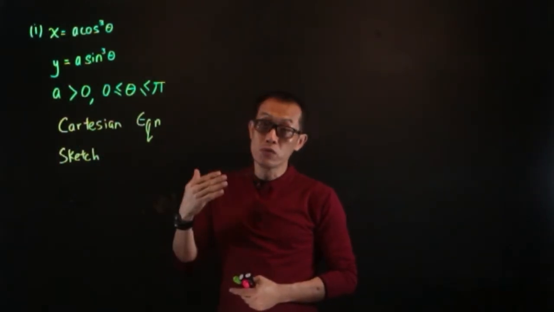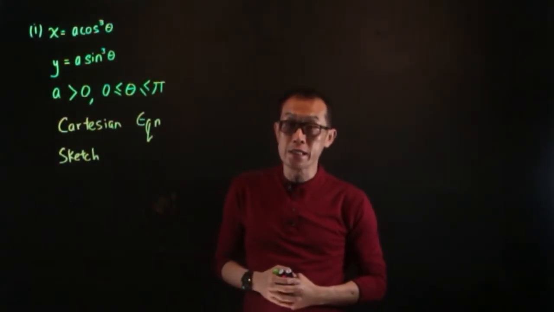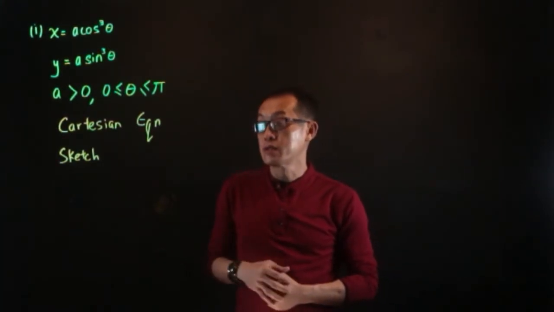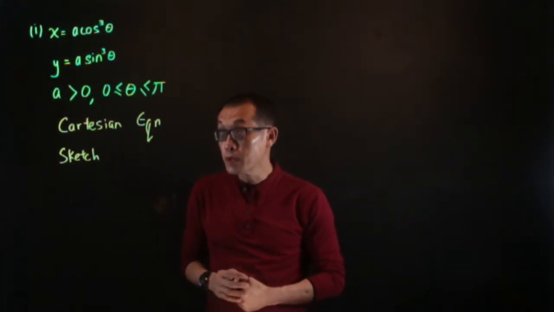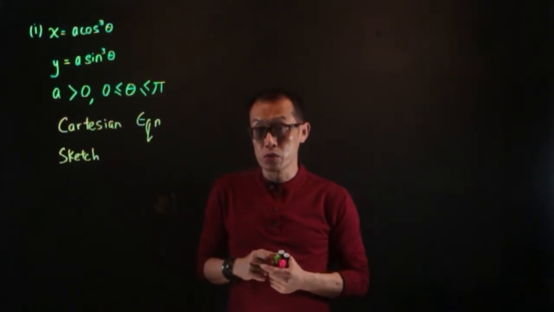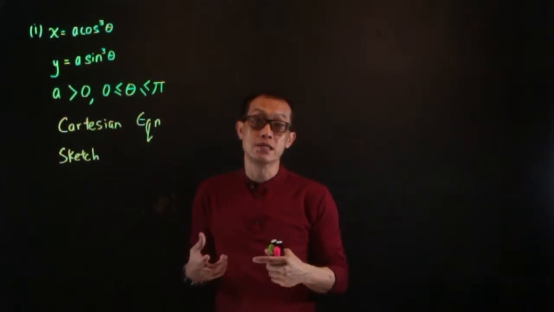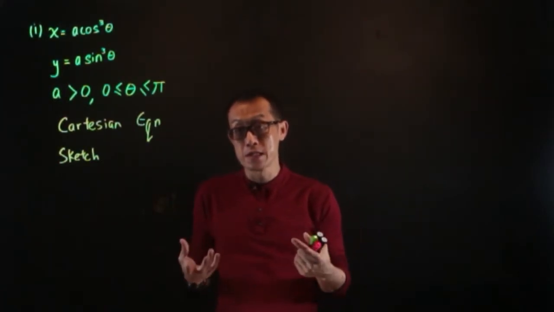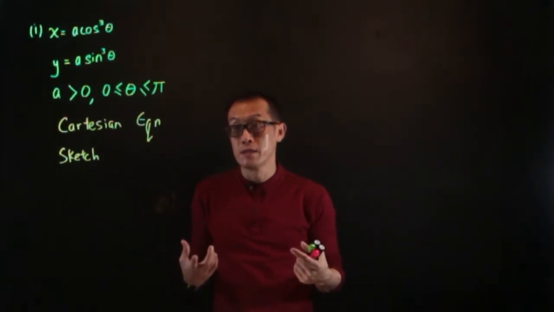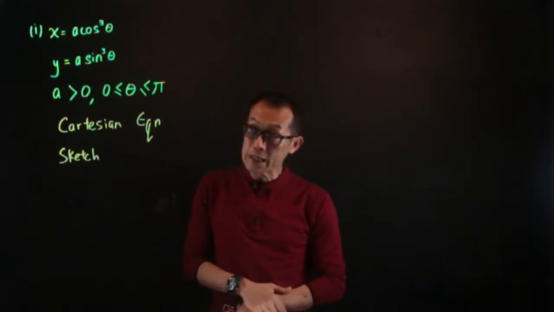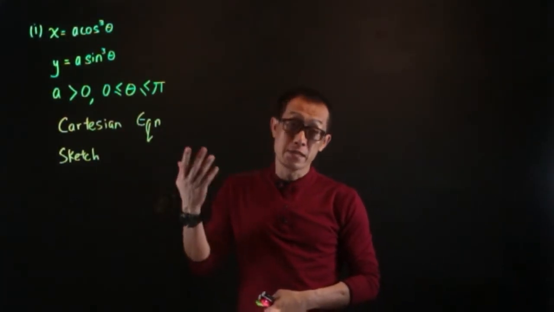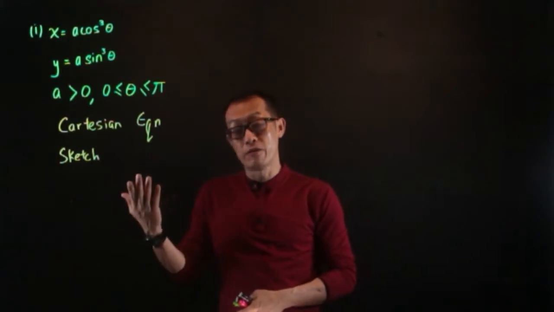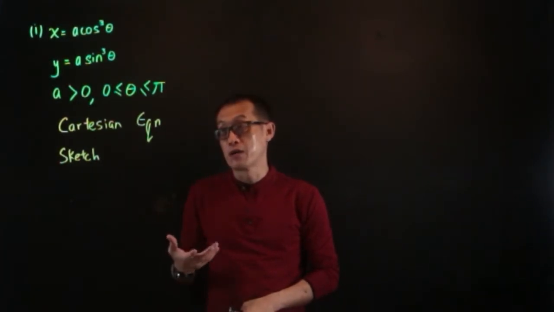Now if you key into your GC to have the sketch, you must make sure the window settings for your x and y are large enough, because sometimes if it's too small you may not see the graph. Not only that, your theta sometimes is in the form of t, or other letters, alpha or whatever.